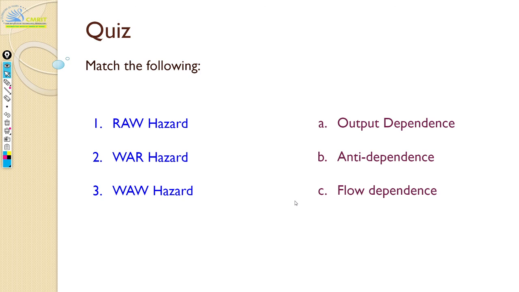So let's pick somebody. Shruti, can you point to someone? Aliva. Aliva, are you there? Aliva is not here. Hey Aliva, you're there. Yes, sir. Come on, let's do this. Match the following. What is RAW hazard?